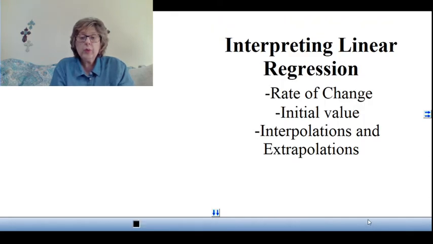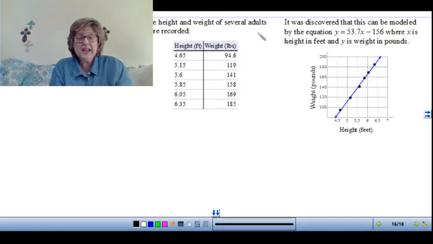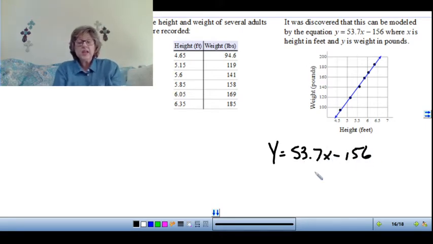Okay? Well, when we're looking at data, in this problem it gives us our chart where we have our height and our weight, and it actually gives us an equation of a line: y equals 53.7x minus 156. And it's asking, what is the rate of change?